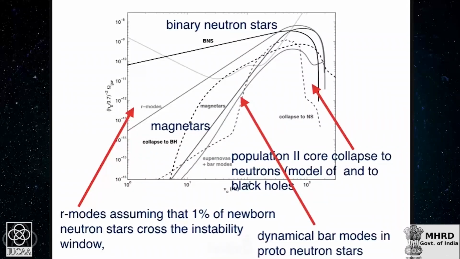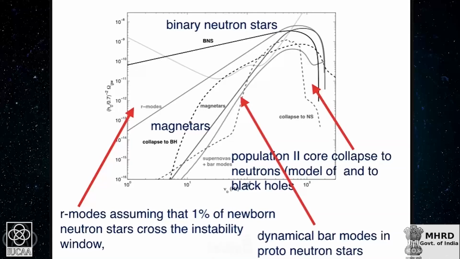Now, there are various models and physics which lead to emission of gravitational waves, and their contributions can be plotted on the detector response, as we have done for the neutron stars and so on.